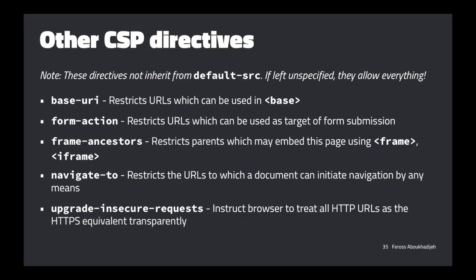So this one is kind of interesting. There's this tag called base in HTML, and if you include it in a page, then all the relative URLs in the site become relative to whatever is specified in base. So if an attacker can put a base tag on your site, then they can say base is attacker.com.